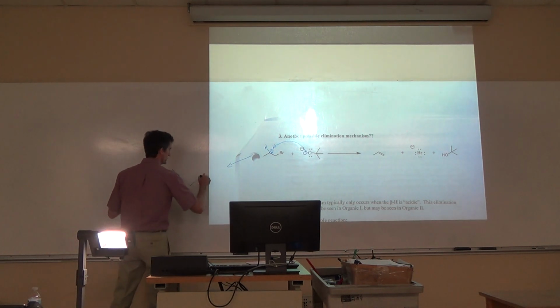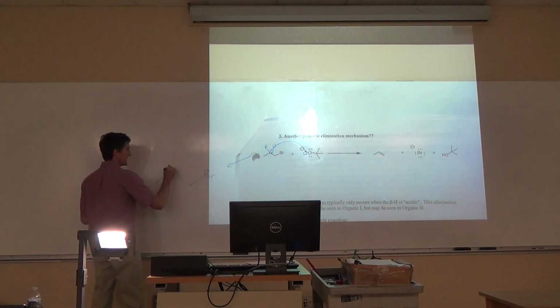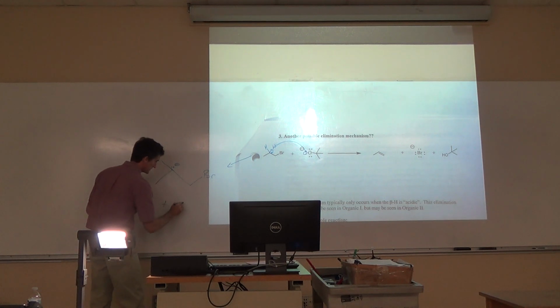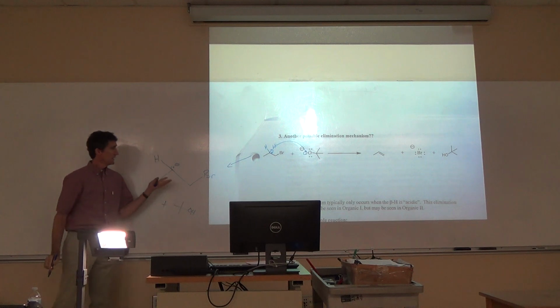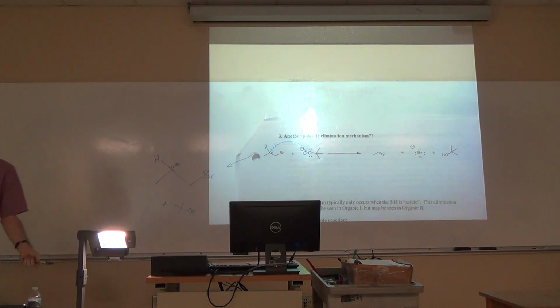Boom, boom, boom. And make an anion here. All right, there is one H remaining. I should draw it in since I drew it up here. Plus that, which is, isn't that just a good old acid-base reaction?